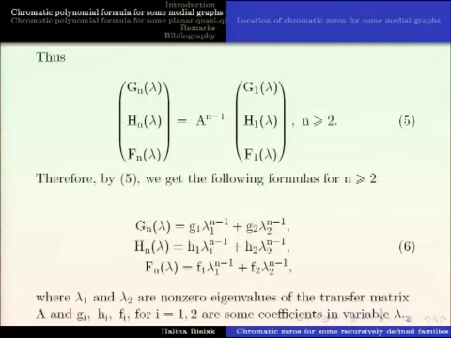Here, lambda sub 1, lambda sub 2 are the non-zero eigenvalues of this transfer matrix A, and G sub 1, G sub 2, and similarly H with subscripts and F with subscripts, are some coefficients in the variable lambda.